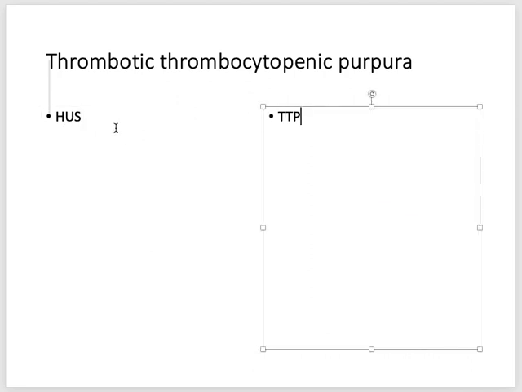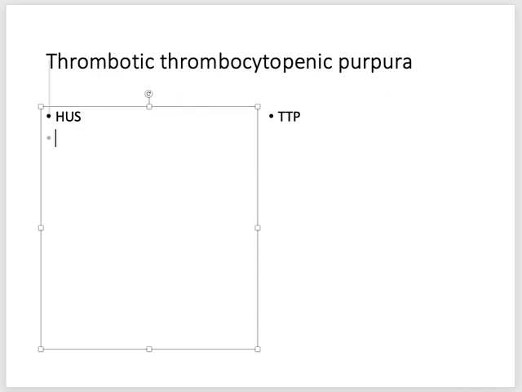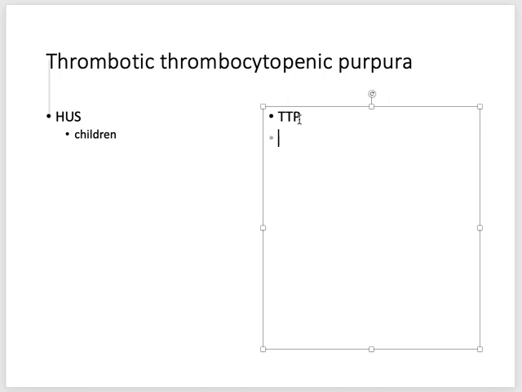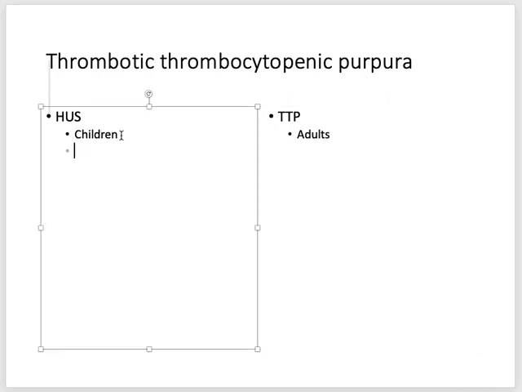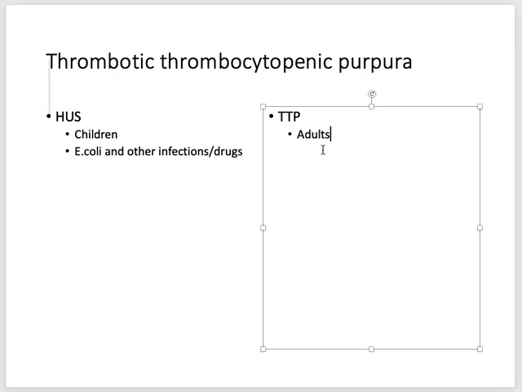What I told you, HUS is in children, and TTP is in adults. In HUS, if you remember, it occurs by E. coli, or it can occur by other infections or certain drugs.